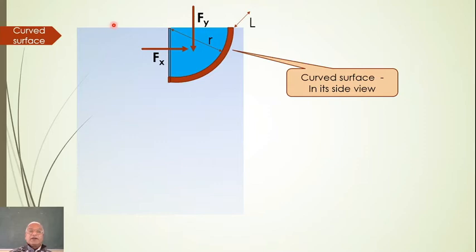It looks like a rectangle or whatever figure, and on that face you have to work out Fx, and the liquid which is standing above this curved surface, whatever blue liquid is there, its weight will be acting as Fy, and you have to work out the Fx, Fy resultant.